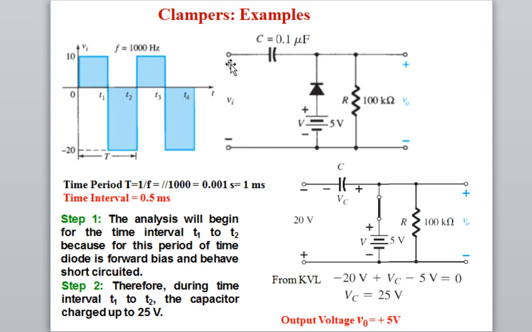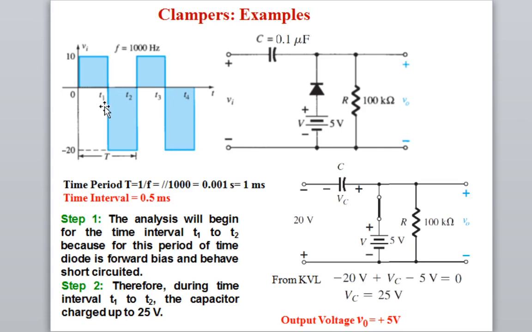So if you apply plus 10 volt, with this side N type and this side P type, with respect to the input signal the diode is in reverse bias. If the diode is in reverse bias, this capacitor is already discharged, so it will not charge. So you will not get any response at the output signal for the time interval 0 to T1. I hope you understood what I am saying.